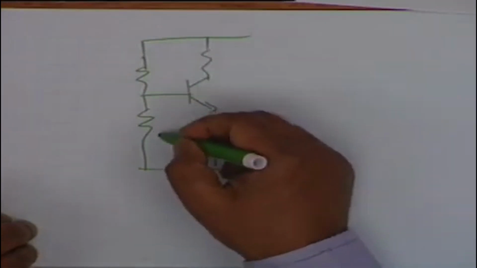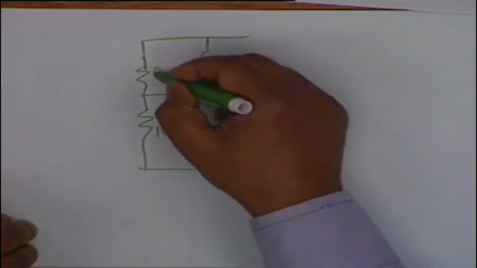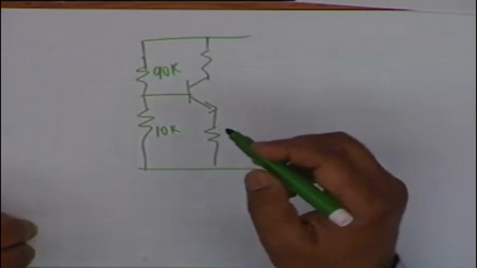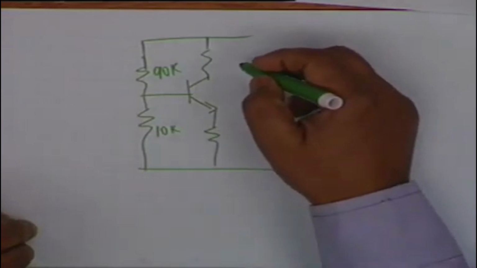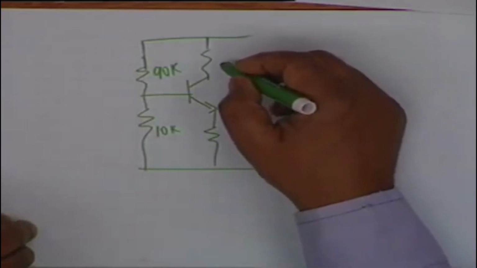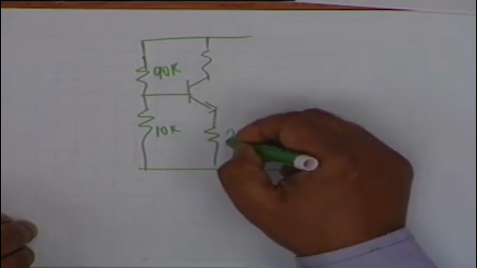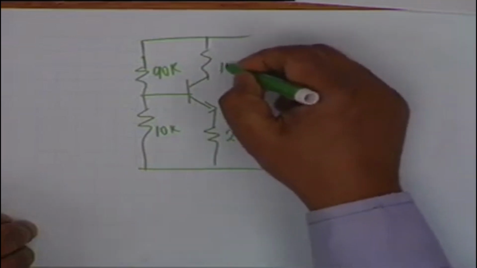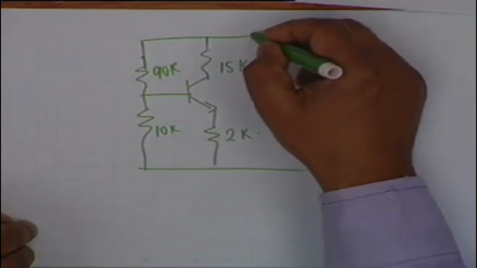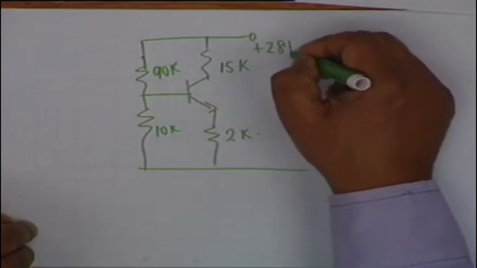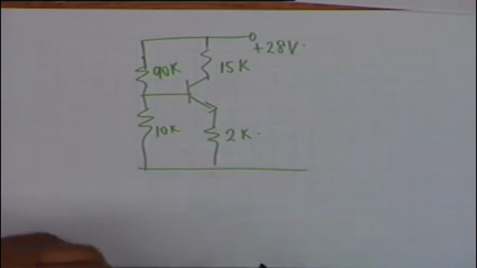The values are given as 10K, 90K, these are typical values, and then RE is 2K, RC is 15K, and VCC is plus 28 volt. This is a typical bias stabilized circuit.